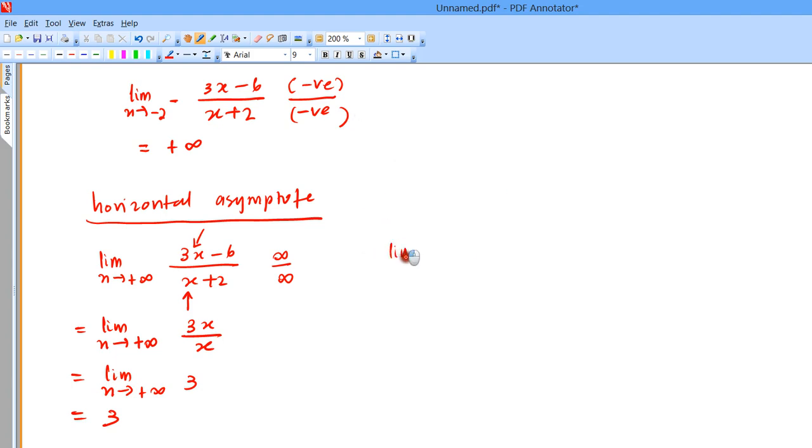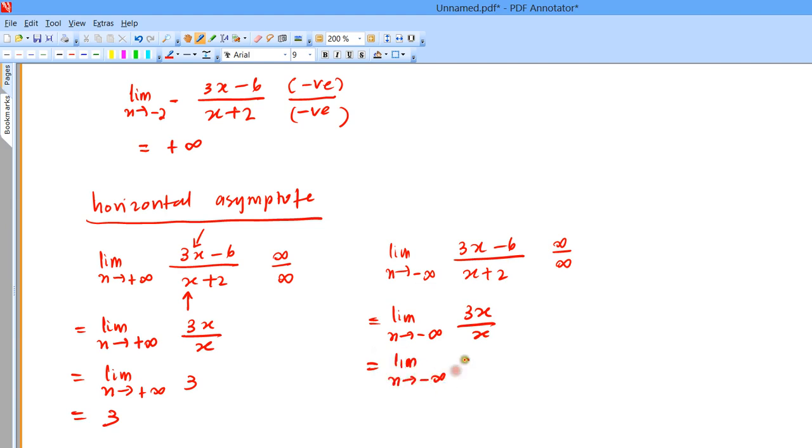And then we have limit x approaches negative infinity (3x minus 6) over (x plus 2), and if you substitute, we get infinity over infinity. So equal to limit x approaches negative infinity 3x over x equal to limit x approaches negative infinity 3 equal to 3.